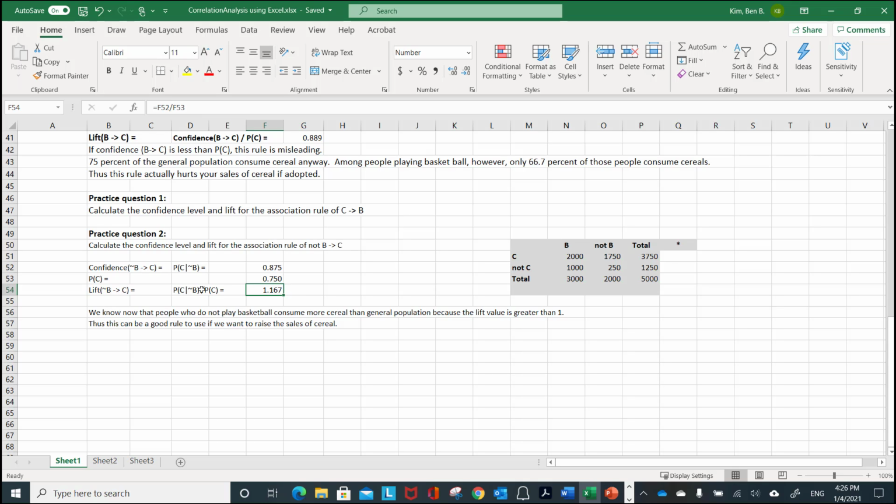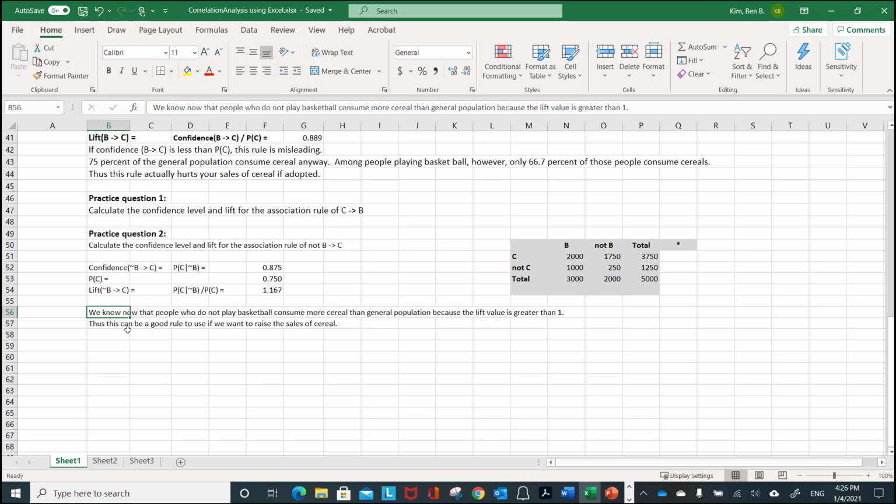So we know now that not playing basketball and eating cereals are positively correlated with each other. So not playing basketball actually helps selling more cereals. The people who do not play basketball consume more cereal than the general population because the lift value is greater than 1.